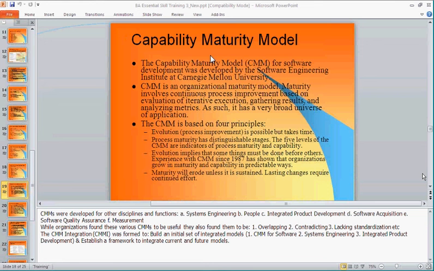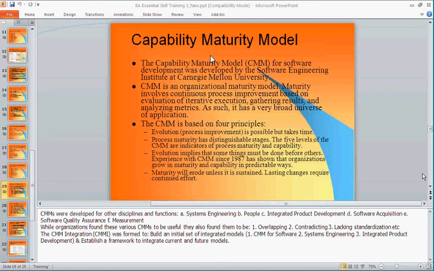Yes or no? Right? Maturity. The more mature you are, the chances are that you will make fewer mistakes. Correct? And so they came up with the capability maturity model.